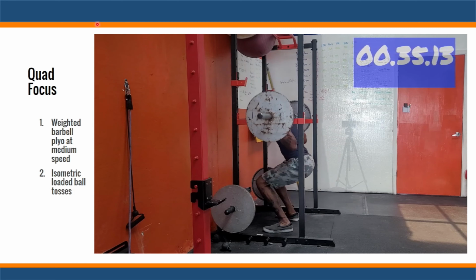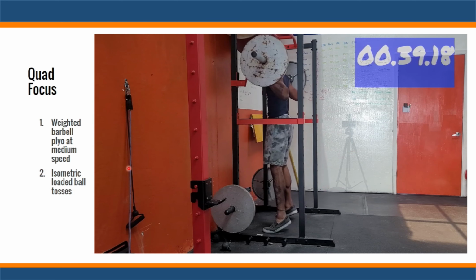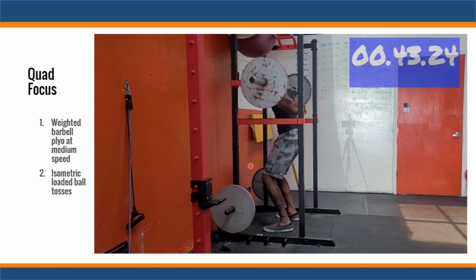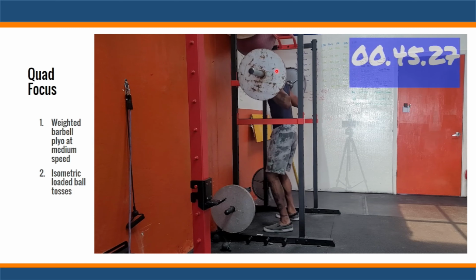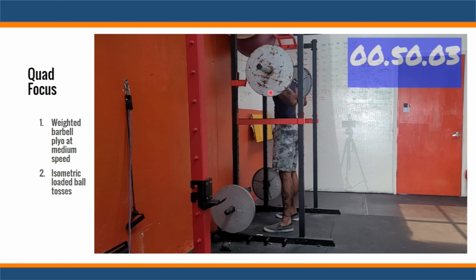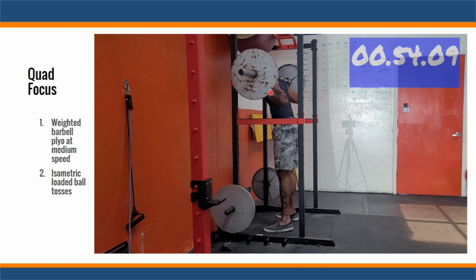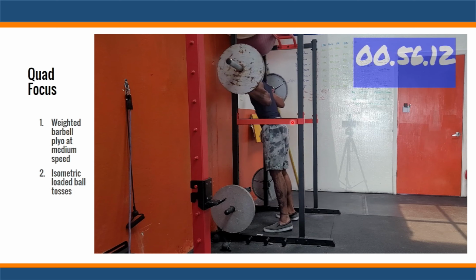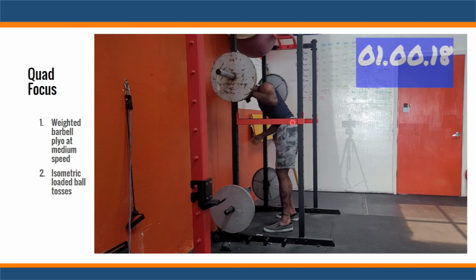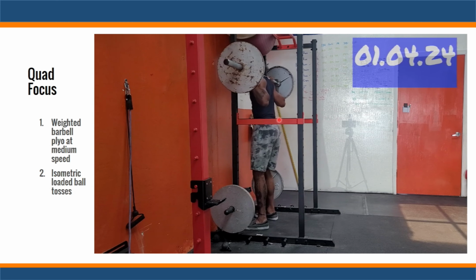I use the spotter arms here in order to emphasize the turnover of the hips. Because I have the spotter arms, I'm going to go a little heavier than I normally would, doing a hip thrust. Again, those spotter arms are there just to reinforce the turnover. As soon as we hit those arms, we bounce right back up.